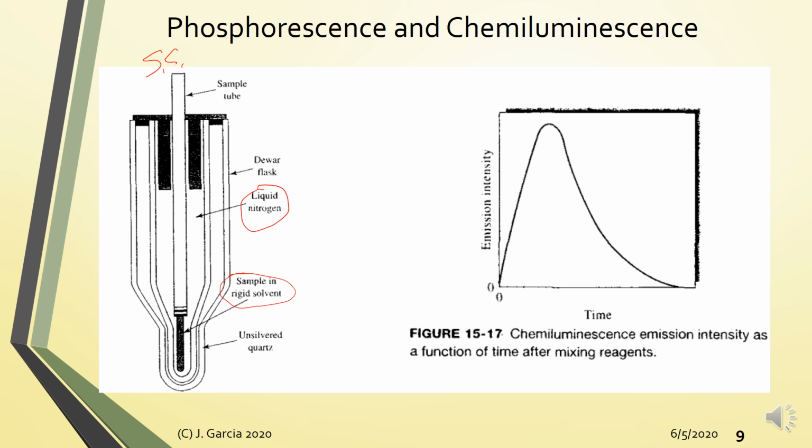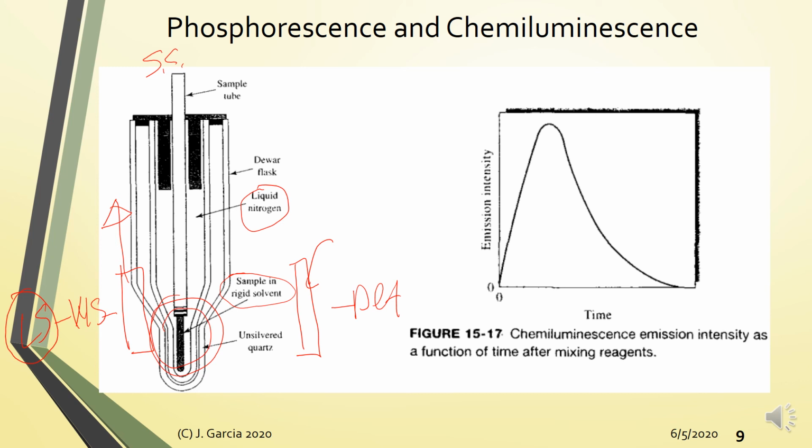So for phosphorimetry, if this is your light source, and then you have, of course, your wavelength selector, there are shutters in between the sample container and the detector. So what they do is this. First, shutter number 2 is closed and shutter number 1 is up, the purpose of which is to illuminate the sample.